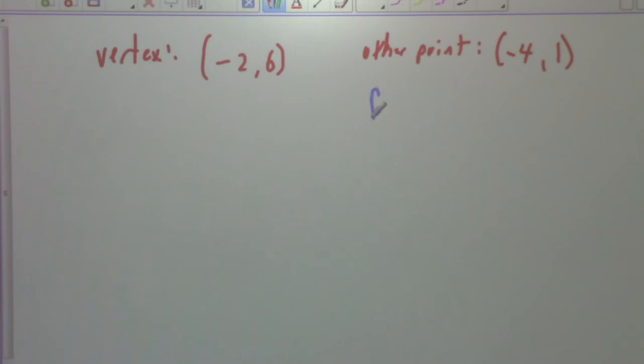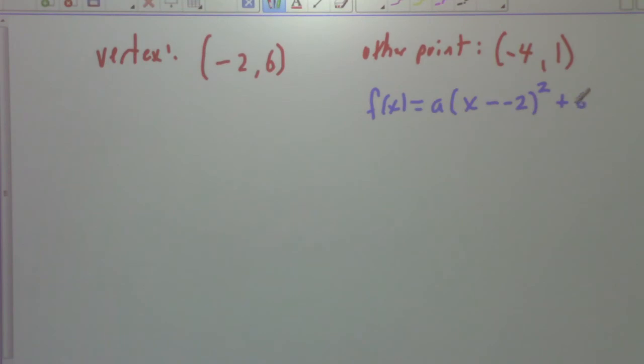f of x equals a, parentheses x minus -2, parentheses squared, plus 6.